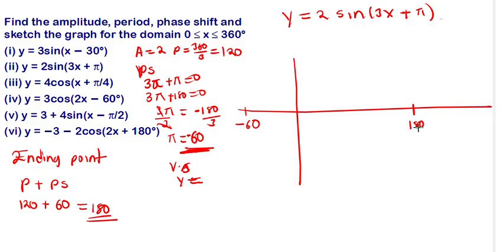So what I'll do next is this. I will say negative 60 plus 180, it is 120, divided by 2 is 60. So it's somewhere here, 60, right? So negative 60 plus 60 is 0. And 60 plus 180 divided by 2 to be 120, like that. Is it okay?